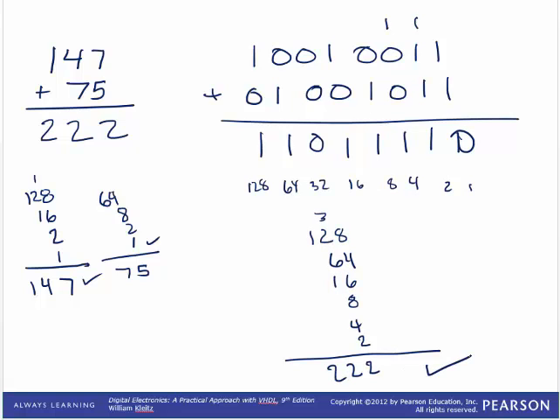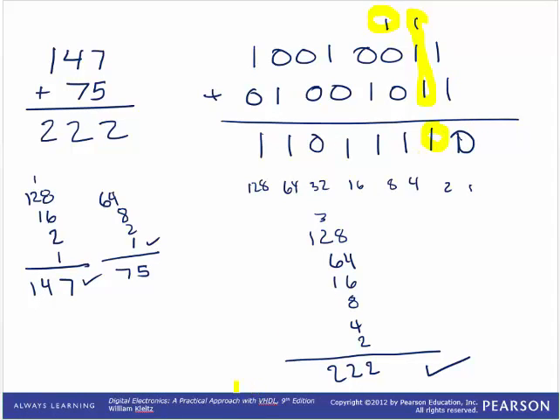Yes, it does add up to 222. But the trick to note here is that 1 plus 1 plus 1 is 1, 1, or 3. So that's how you do the carry.